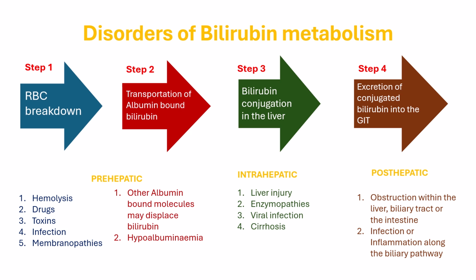So the presence of bilirubin in the urine is an indication that there is an ongoing obstruction to the flow of conjugated bilirubin in the gastrointestinal tract. So post-hepatic hyperbilirubinemia usually presents with high levels of bilirubin, high levels of conjugated bilirubin, and the presence of bilirubin in the urine of the affected patient.